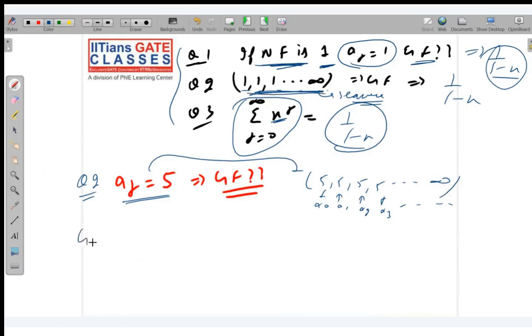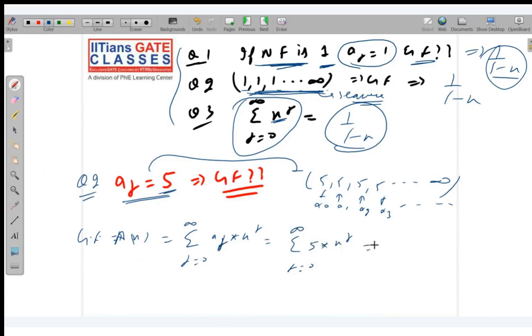So what is the generating function? Simply apply the formula. The generating function is represented by A(x). A(x) is sigma r equal to 0 to infinity a_r multiplied by x power r. a_r is 5, so 5 multiplied by x power r.